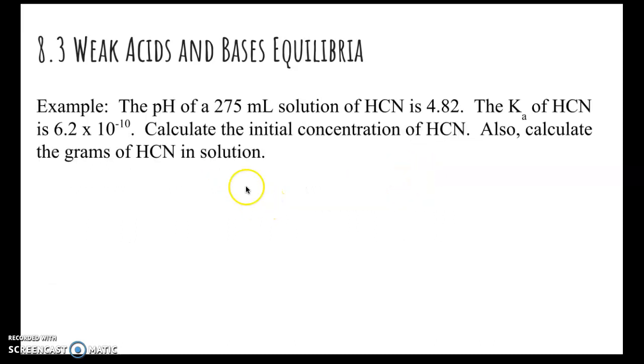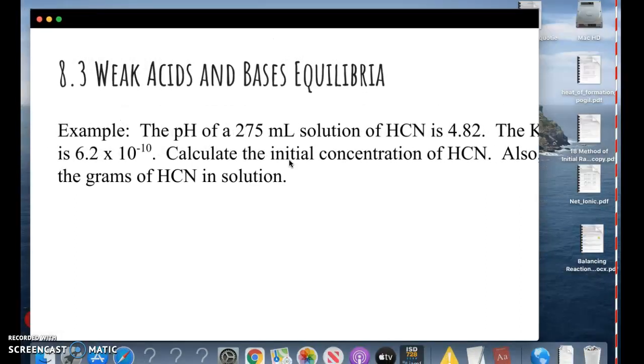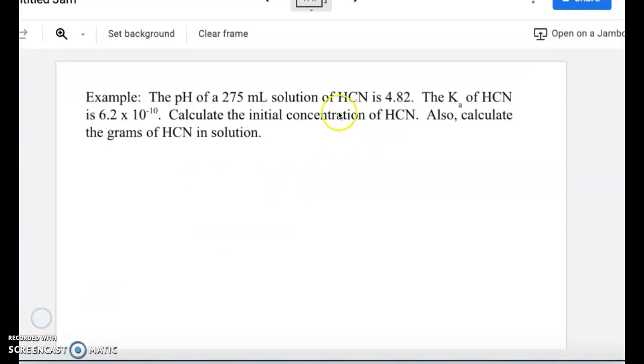All right, next, in the notes we have another practice problem, another weak acid problem with the Ka value. So I'm going to switch over again to the Jamboard. Okay, so here's that sample problem. So let's start with the Ka equation that we use for weak acids. So Ka is going to be X squared over our initial concentration.